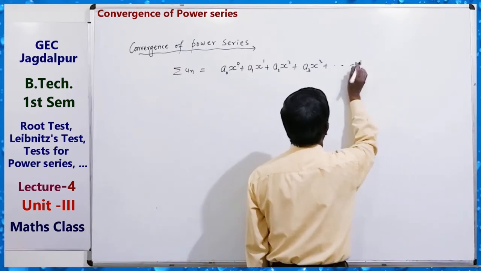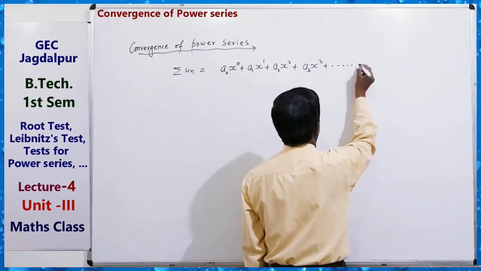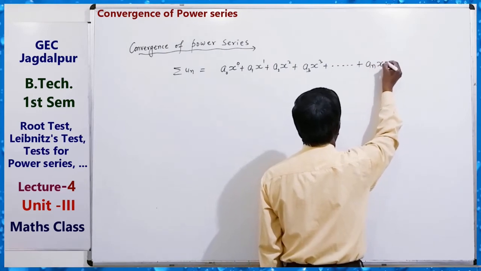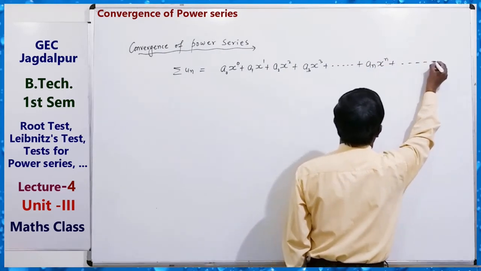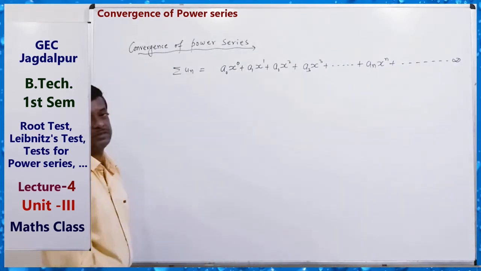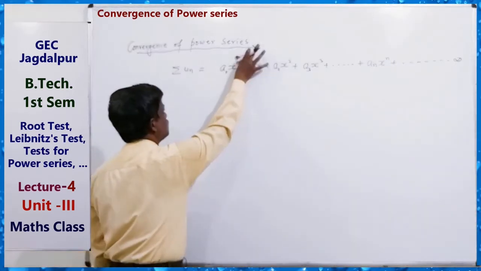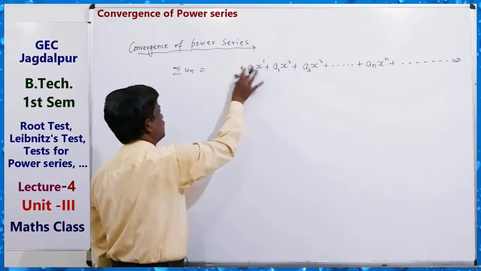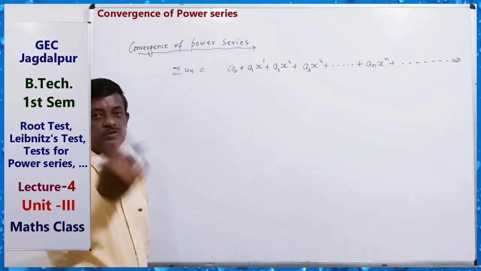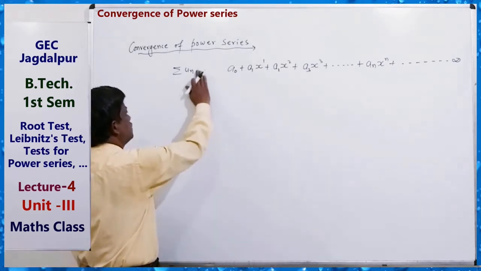So we can write plus an x to the power n. So this is the power series. Here x to the power 0 means 1, so we can write a0 only.